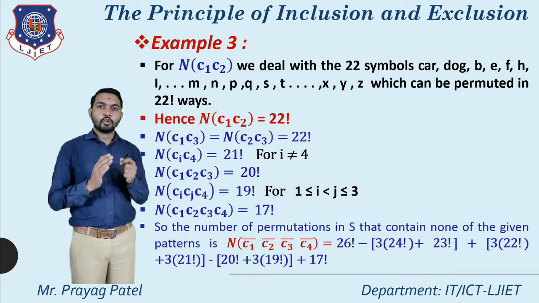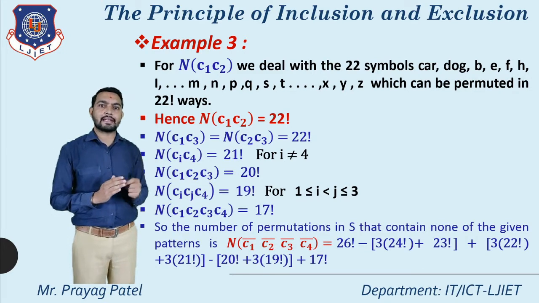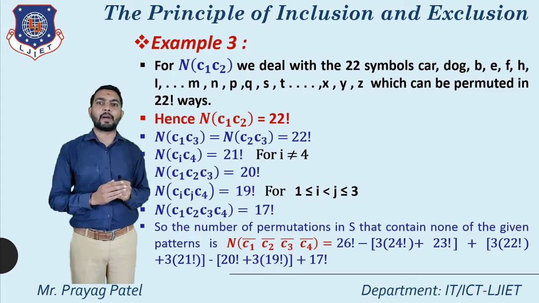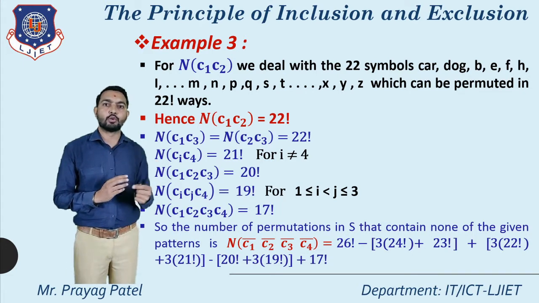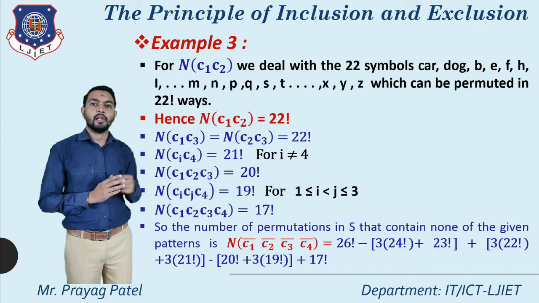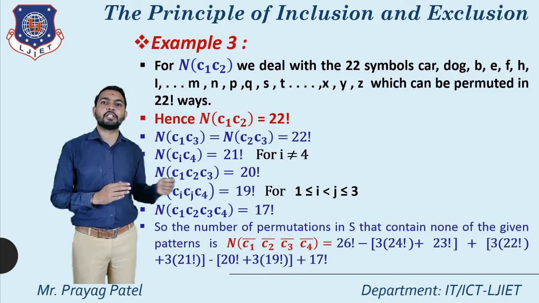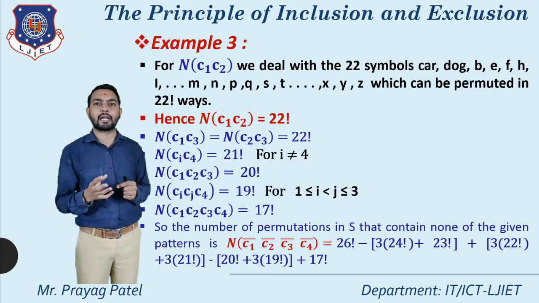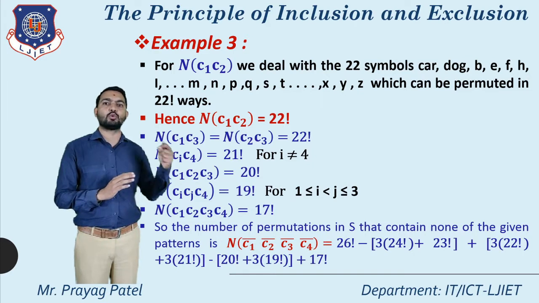Now the number of permutations in S that contain none of the given patterns is N(C1' C2' C3' C4'). We have already found N(C1), N(C2), N(C3), N(C4). That means we include these four patterns, then it is N(C1 C2 C3 C4).